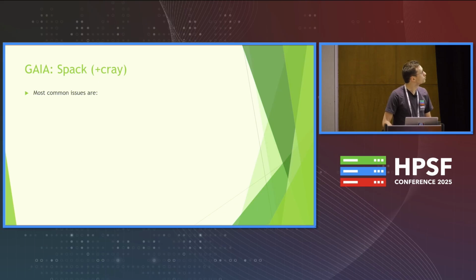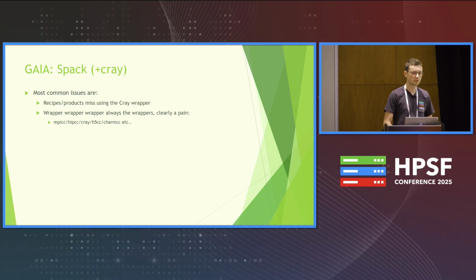The most common issues that we have using Cray and Spack are mostly the recipes. Many recipes do not expect the Cray stuff, and most especially the wrappers in every flavor. So MPICC, PCC, Cray, all of these wrappers are always a pain. It's one of the most significant issues that we have.